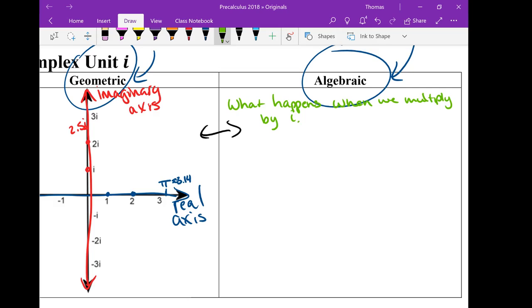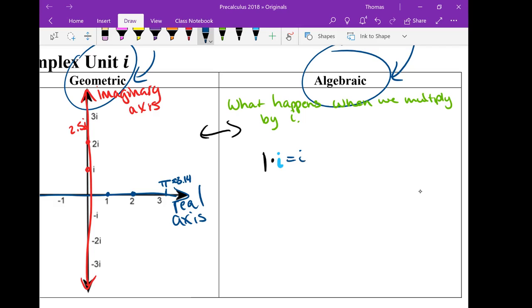Well, let's find out. Let's start with the number 1, and let's multiply it by the letter i. Algebraically, I'm just going to multiply these together. 1i is basically just going to be the same as i.